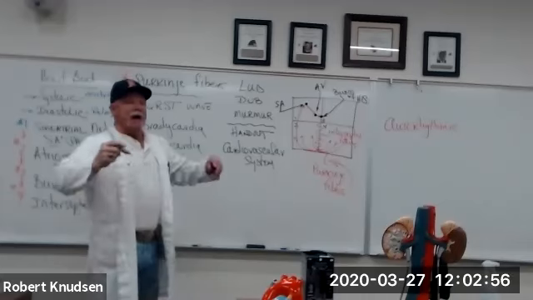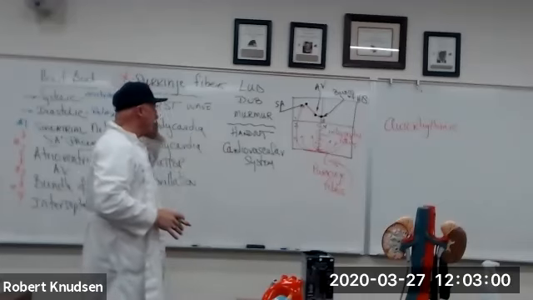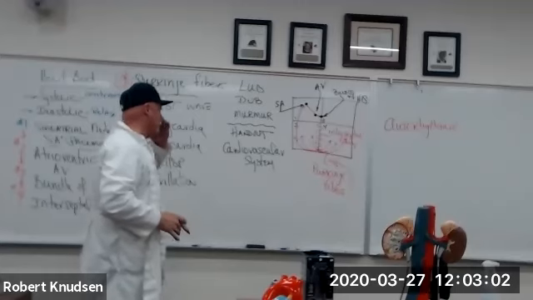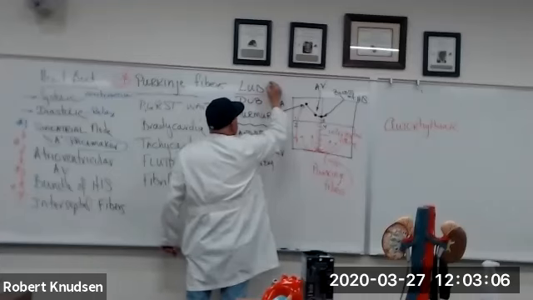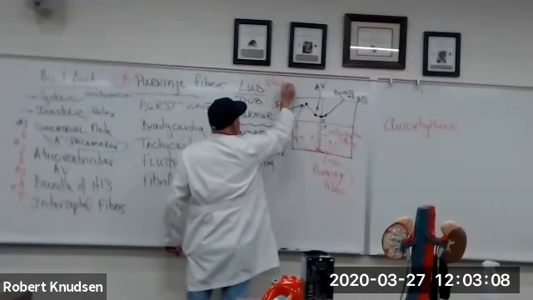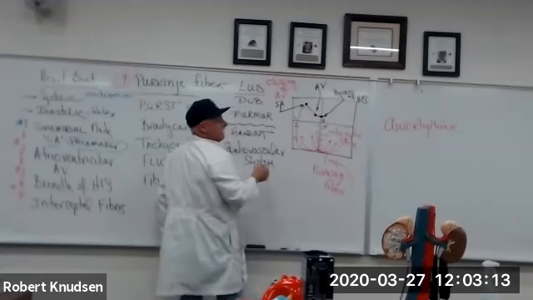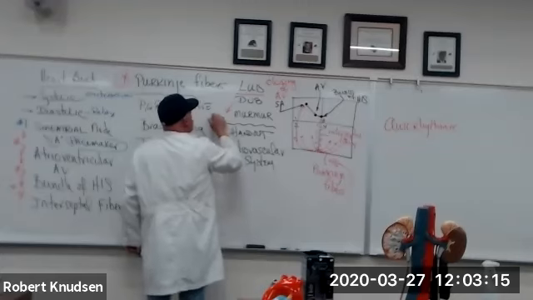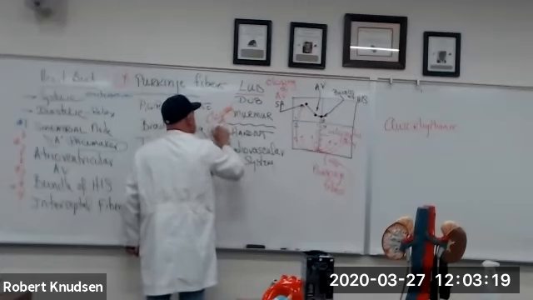Can we measure how much electricity is going through there and what's happening to the valves? Now, remember, we said the lub sound comes from the closing of AVs. The dub sound comes from closing of semilunars.